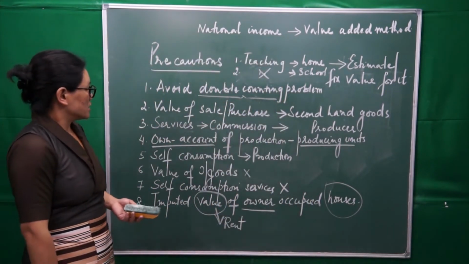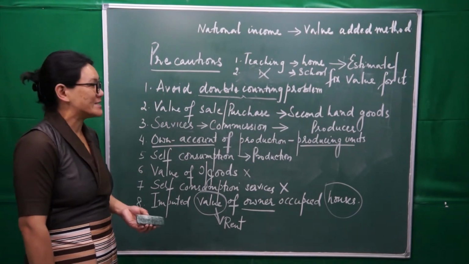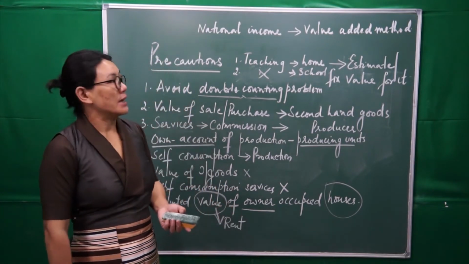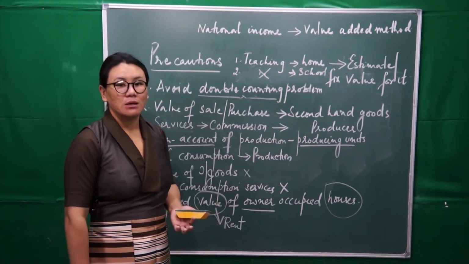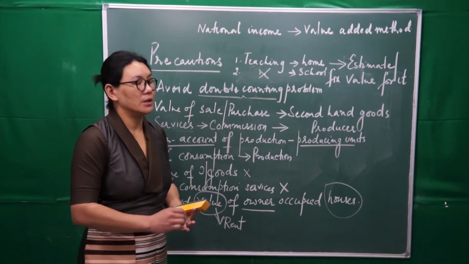So like this, these are a few precautions that have to be taken while estimating national income using this method. Is that clear?